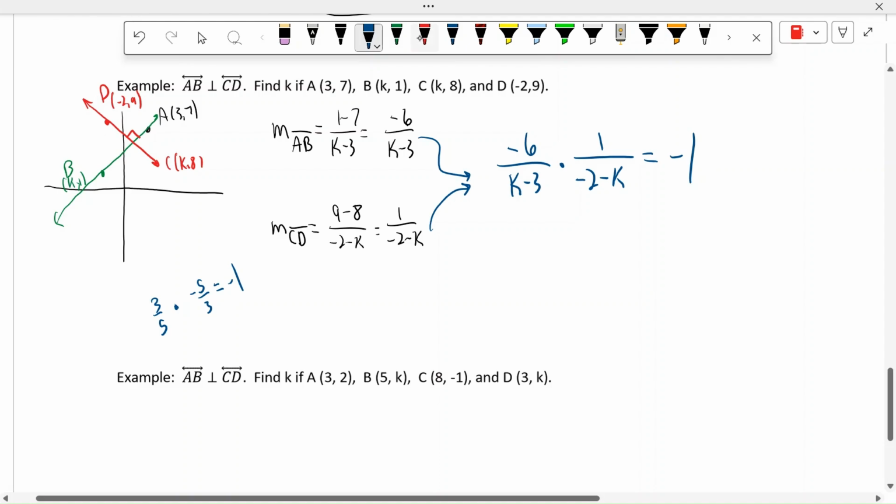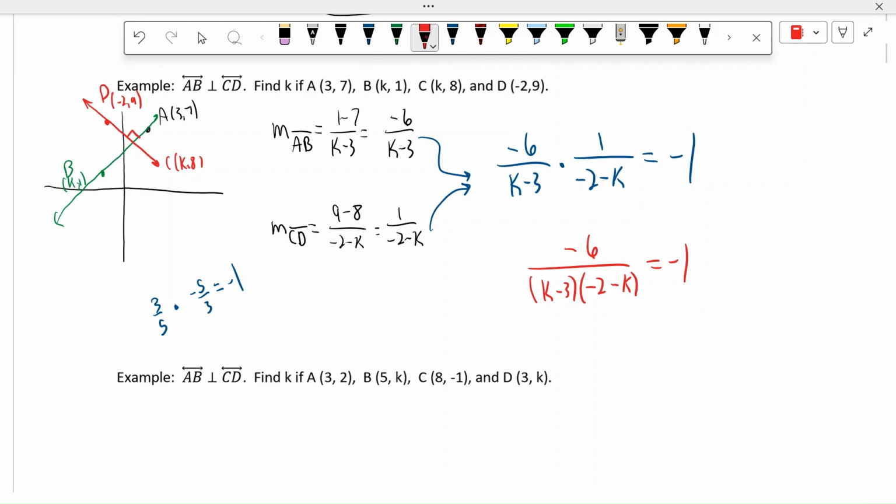This equation can be kind of hard to solve. If I multiply the numerators and multiply the denominators, it's equal to negative 1. It looks like this. That still looks pretty difficult. We had separate fractions, we multiplied the numerators, multiplied the denominators. And I don't particularly like that even still.